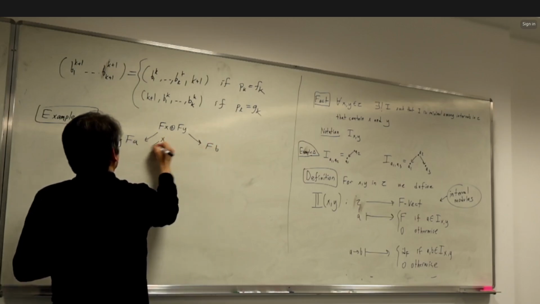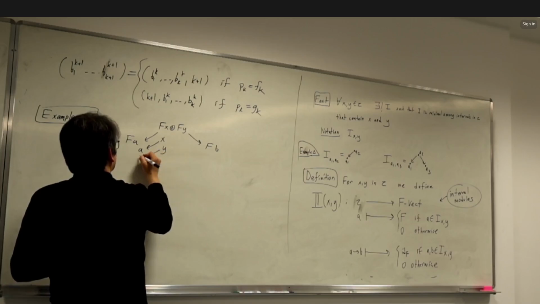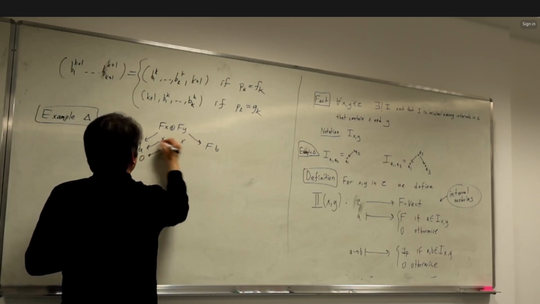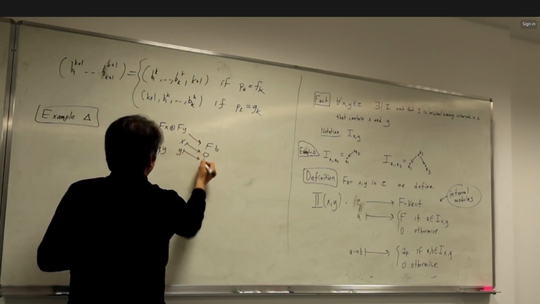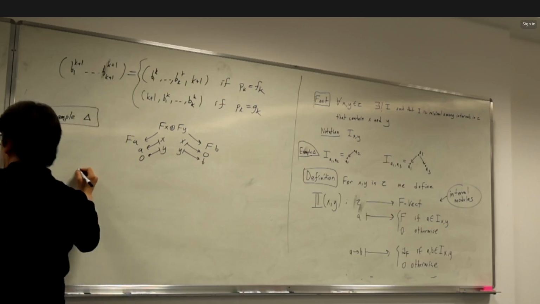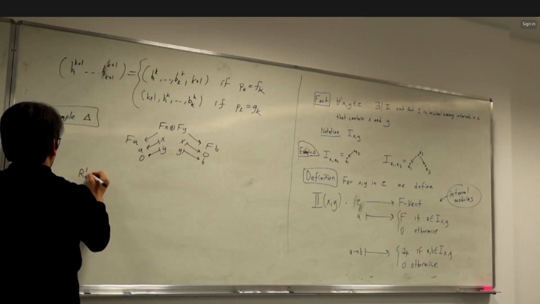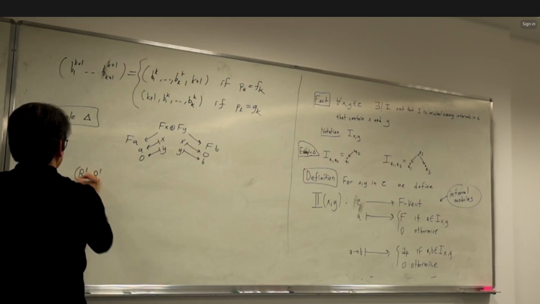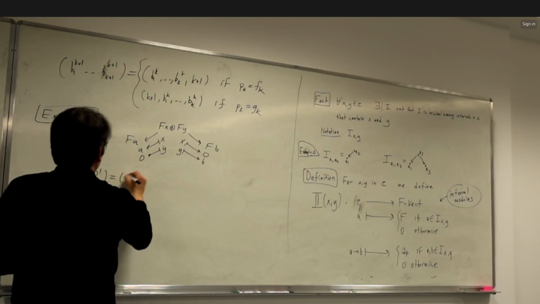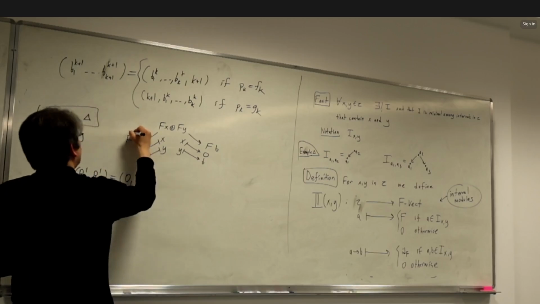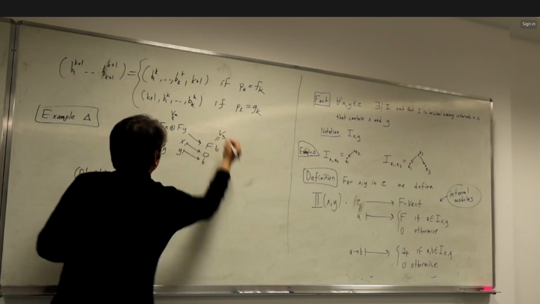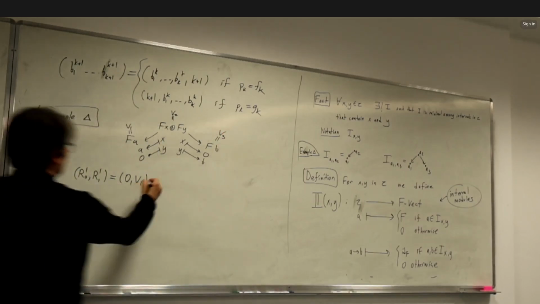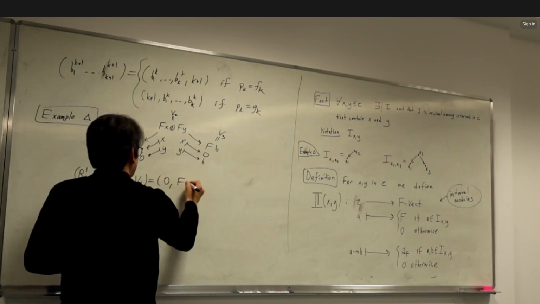So here x was going to a, y was going to 0, and then here x was going to 0, y was going to b. Okay, now we start with R0,1, R1,1. Yes, this is 0, V1. Of course, this is V1, this is V2, this is V3. So it's just 0 FA.